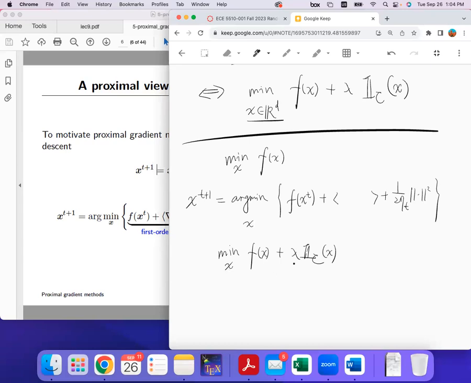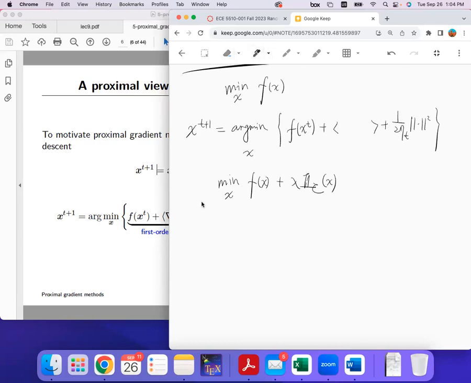The regularization term, this indicator function, restricts our solution within set C. And the projected gradient descent update rule is all these three terms plus that indicator function, right?